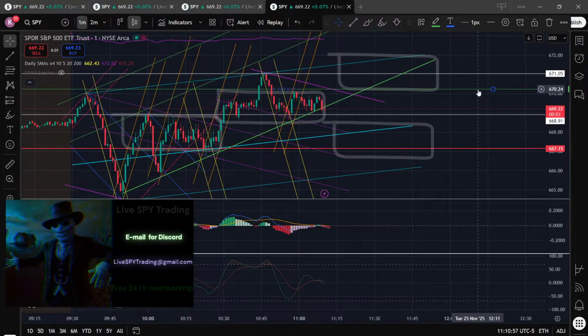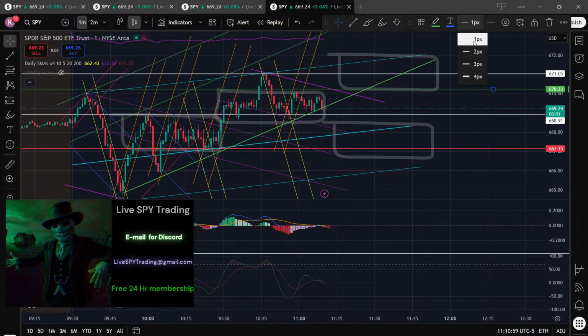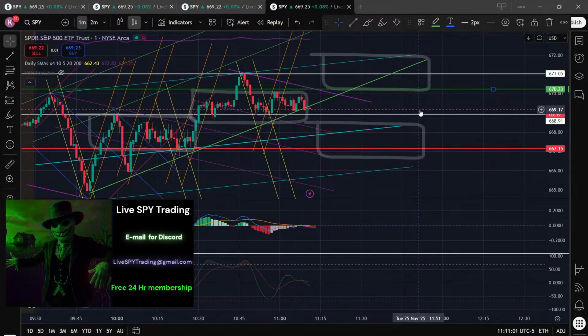Okay, you see your range between green and red. Just don't overstay your welcome on either side.